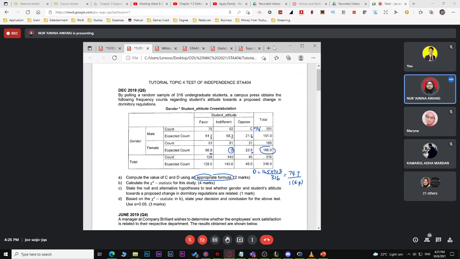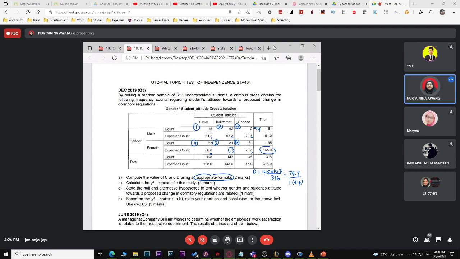And then for B, calculate the chi-square statistic for this study. So in this case, you need to check your expected count. Since the values are all more than or equal to 5, no need to combine the rows or columns. So you need to have 1, 2, 3, 4, 5, 6.